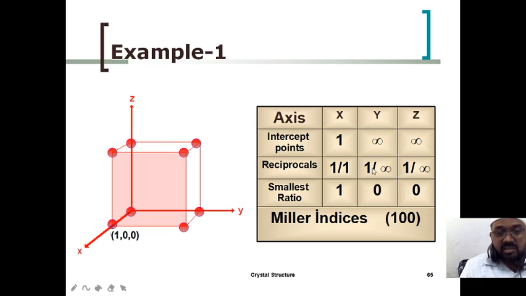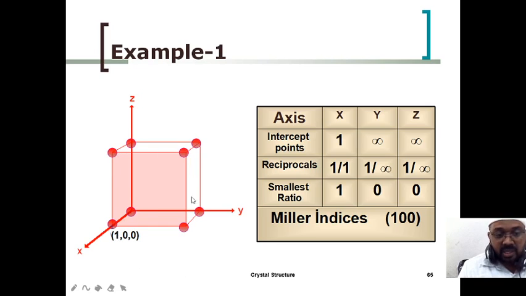Here we are just taking an example. The intercept point on the x-axis is 1. I am talking about this particular plane. This is the reference point, the origin, and this particular point has been intersected here, so we have taken it as 1.